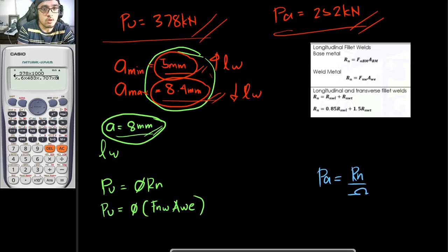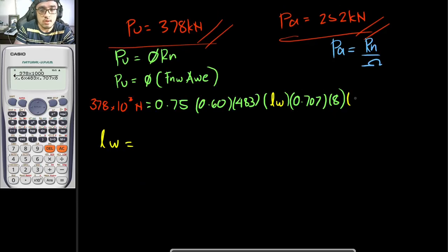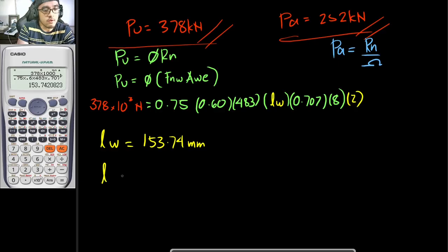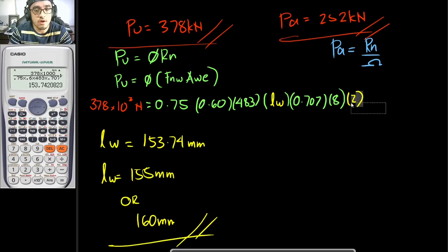So we would be multiplying this by 2. Our answer right now is equal to 153.74 mm. And it is better for us to round this up to 155 mm or 160 mm. So that is for LRFD.